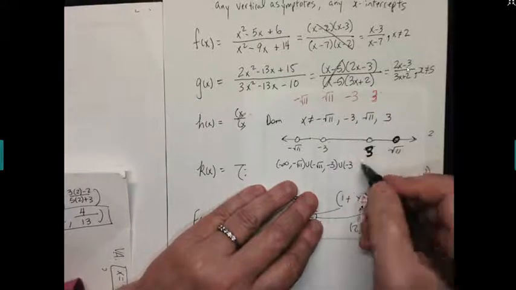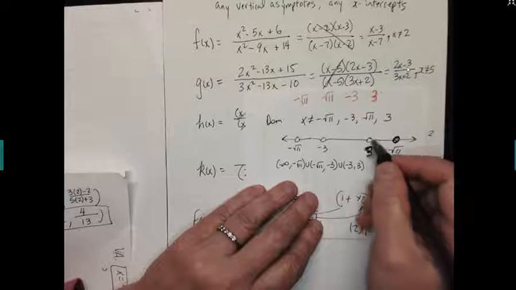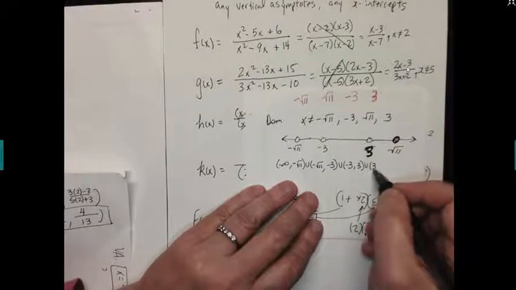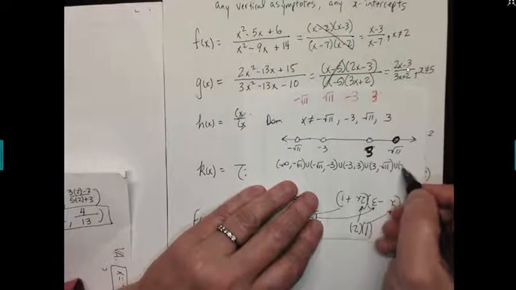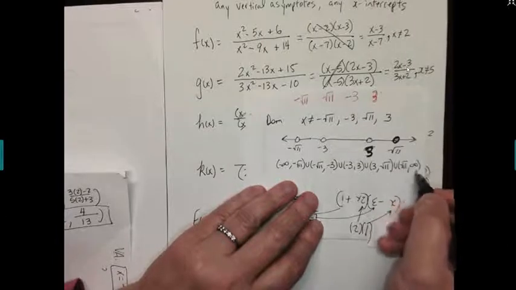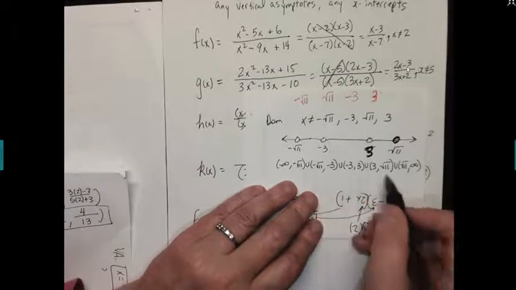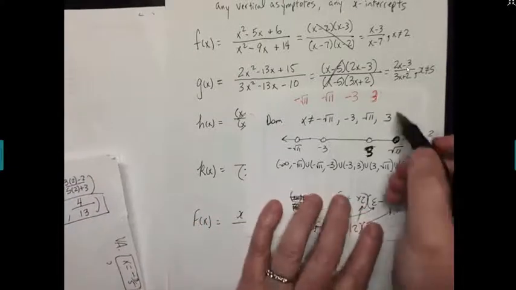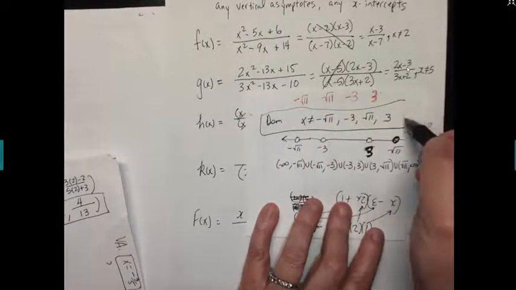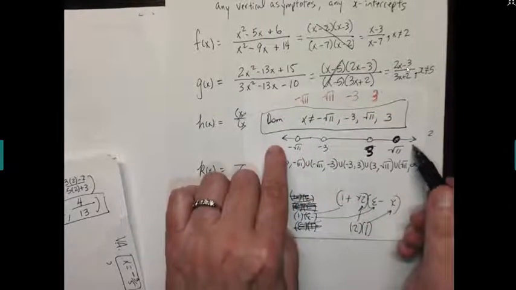And then anything between negative 3 and positive 3, got to jump over 3. Anything between 3 and square root of 11, then you got to jump over square root of 11 and then go on forever. Okay, it's a long interval form, but sometimes it wants to know interval form. That's correct. That's a number line presentation.